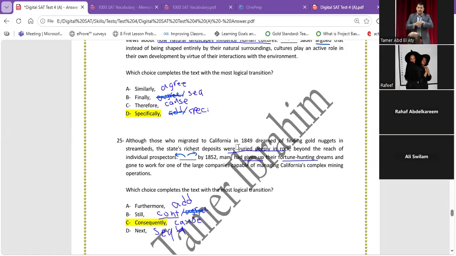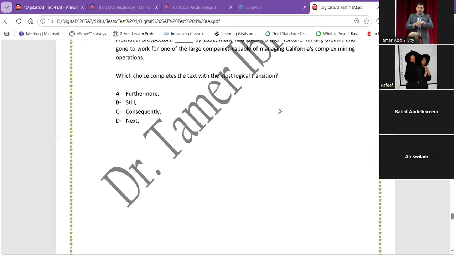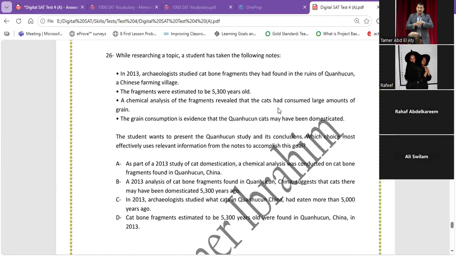It can be next, but it's better because they actually gave up their dream, so consequently, because they couldn't reach. So the answer is C, no, D. So let's go to question number 26, now domain 3, the rhetorical synthesis, and we know how to answer it. Waiting for your answer, please, in the chat box.